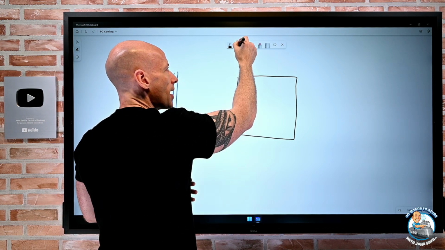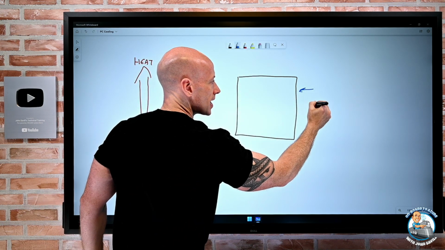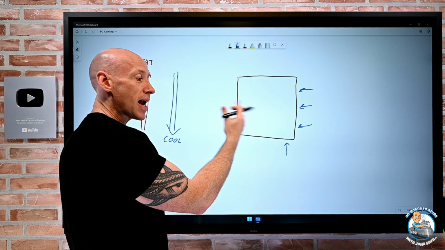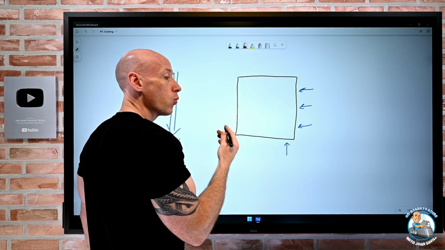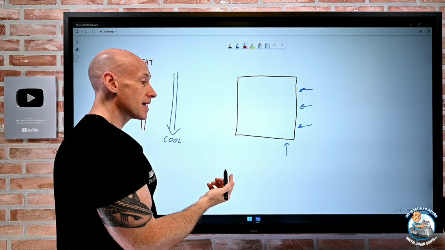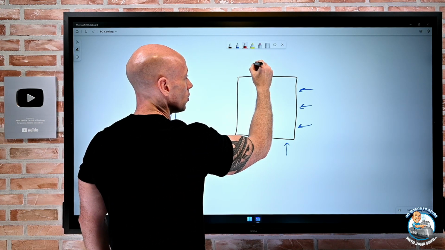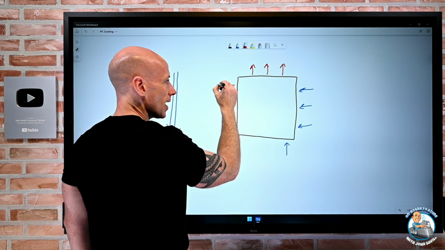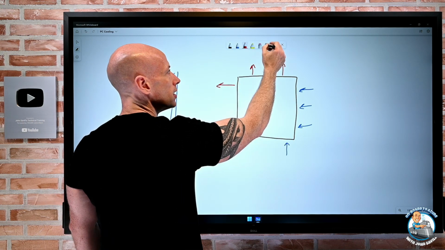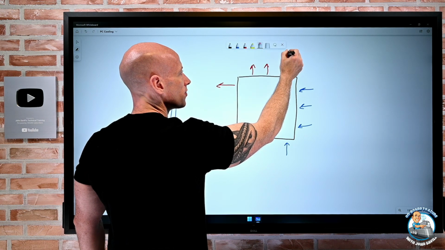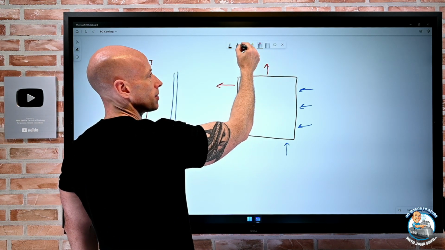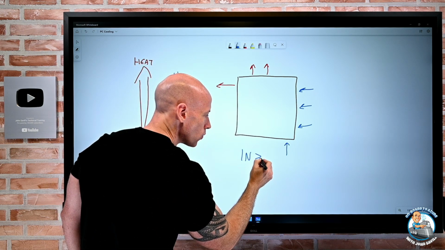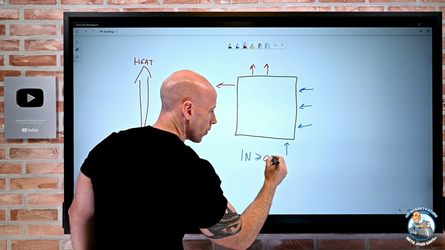So if we think about, maybe I have, let's say, 4 fans bringing air in, then I wouldn't want more than 4 fans taking the air out. So maybe, for example, I've got 3 fans exhausting here and 1 there. So that's fine, there's the same number. Or maybe in this case, maybe I wouldn't have this fan here, so I've got some less. So I want more coming in or equal to the number that are going out.